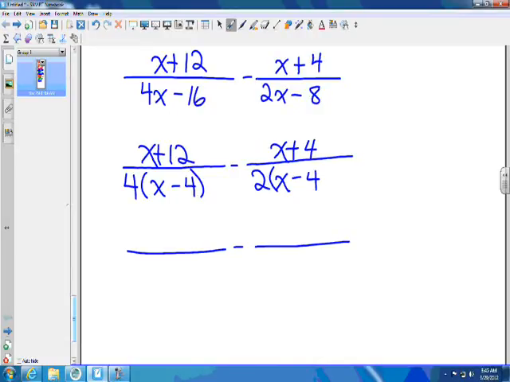So do we have any numbers or letters out front? We have a 4 and a 2. So which do we take? 4. It's the smallest number that they go into. And again, what if it was a 3 and a 4? Put a 12. So you got to have a 4 in both. That accounts for those two. What else do we have under there?